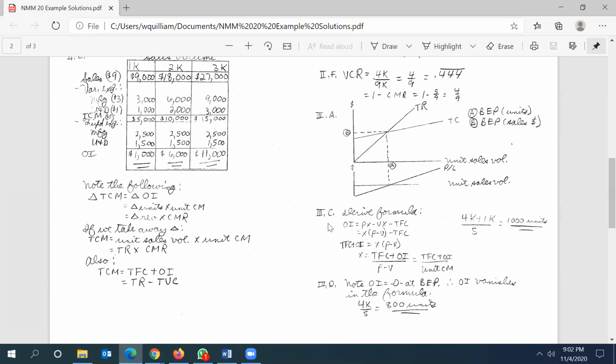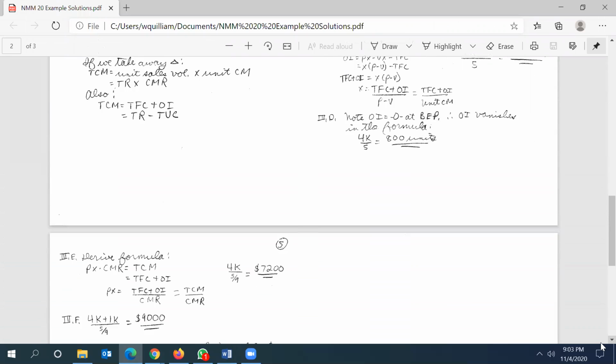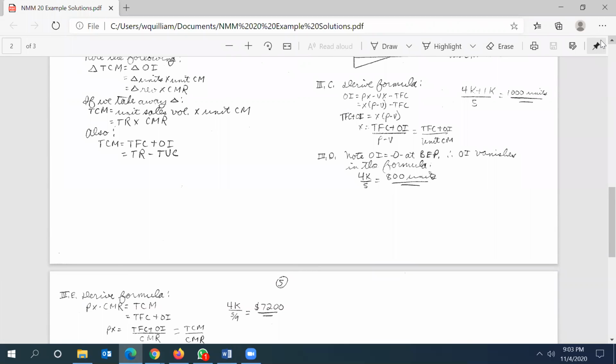So let me come back here to the PDF and look specifically at this. I'm going to derive the formula. It's not really necessary for this class, but it's very helpful when you get to managerial finance. So if I have an equation of, this will be familiar, operating income equals total revenue, PX, minus VX, total variable cost, minus total fixed.